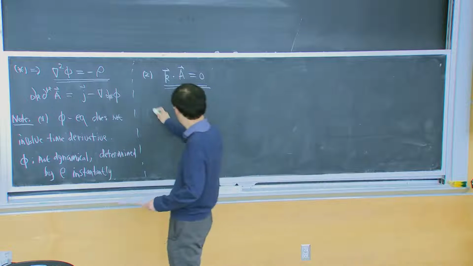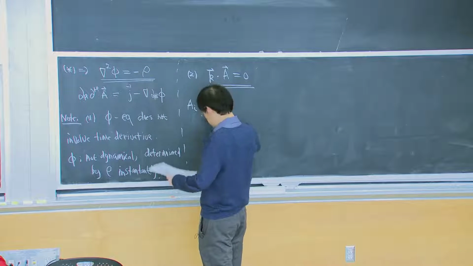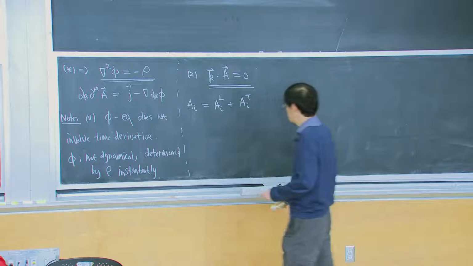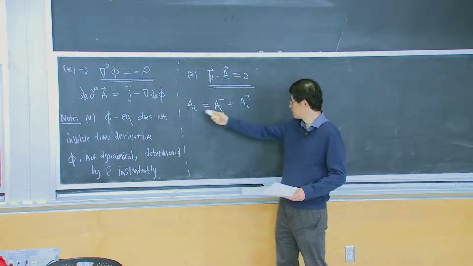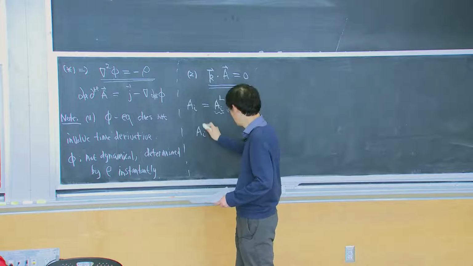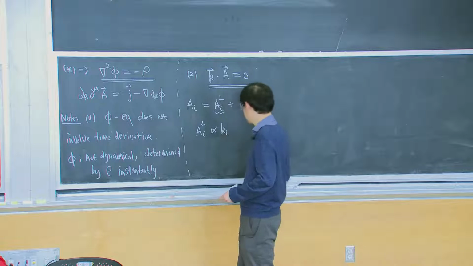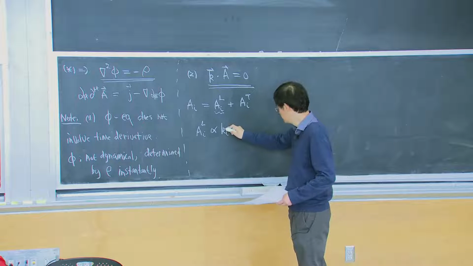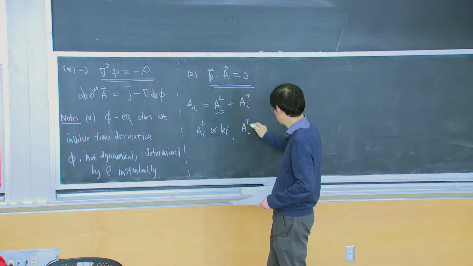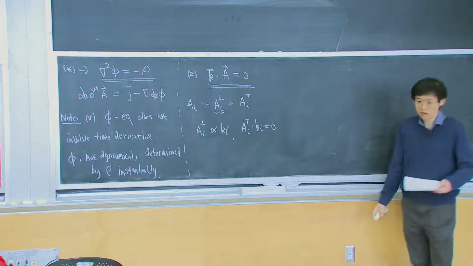We can write A as the longitudinal part plus A transverse. Okay, so longitudinal is defined to be the component of A which is proportional to k. So A_i^L, when you go to Fourier space, will be proportional to k_i. And A_i^T will be transverse to k, which means that A_i^T dot k_i equals 0.